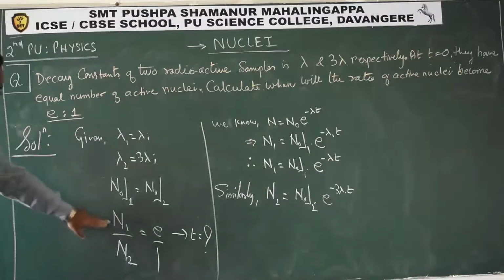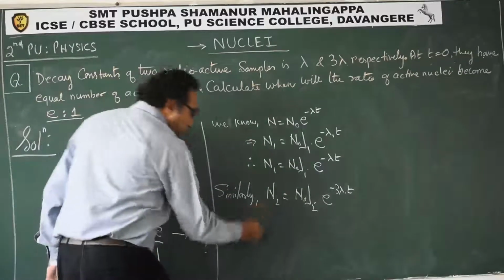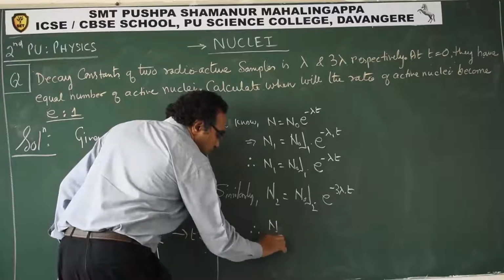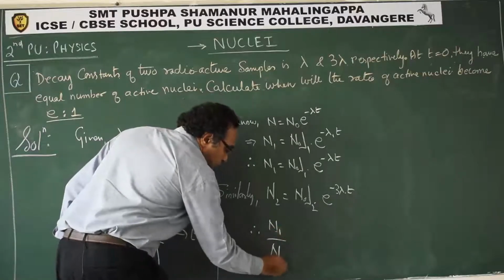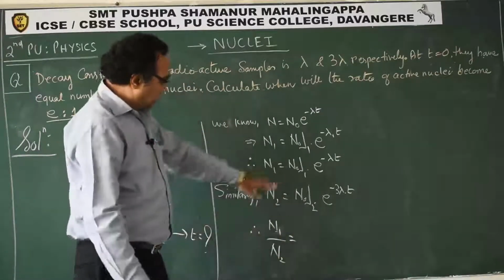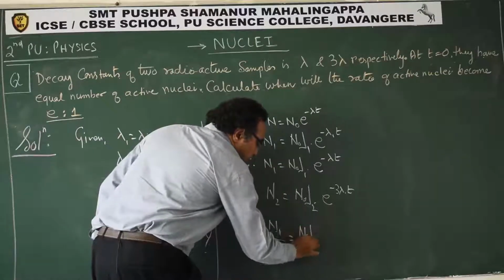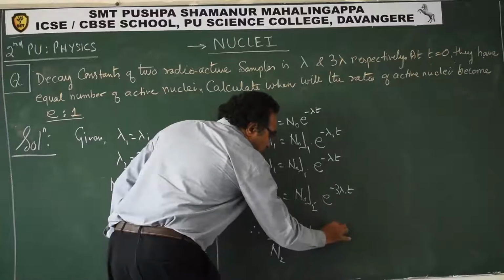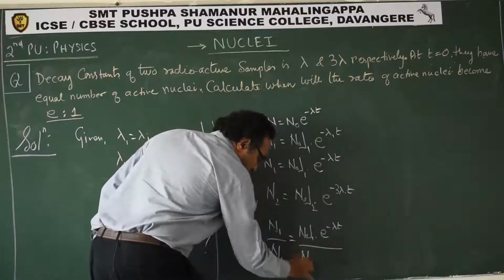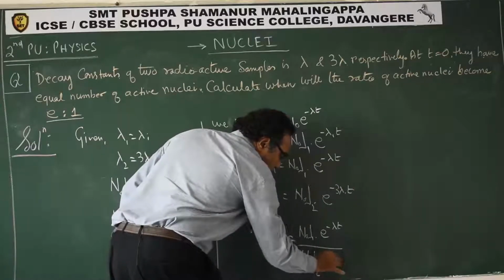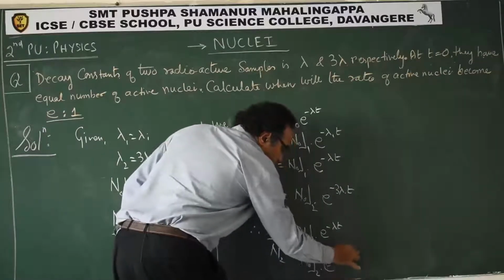Now what do we need? N1 by N2. Divide the two. N1 by N2 is equal to N0 of 1 e raised to minus lambda t upon N0 of 2 e raised to minus 3 lambda t.